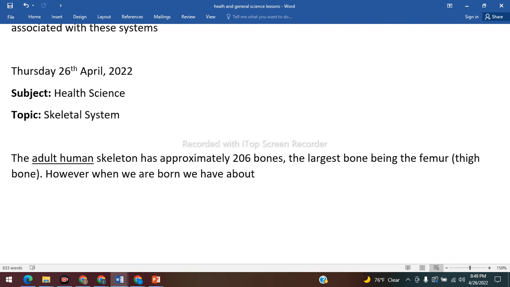All right. However, when we are born, we have about 300 bones. This is because your bones haven't developed yet. A lot of them aren't connected yet, so what happens is they have to fuse together as we grow.